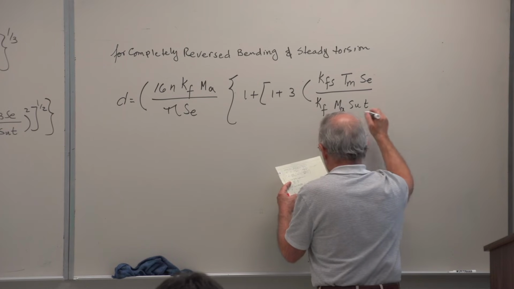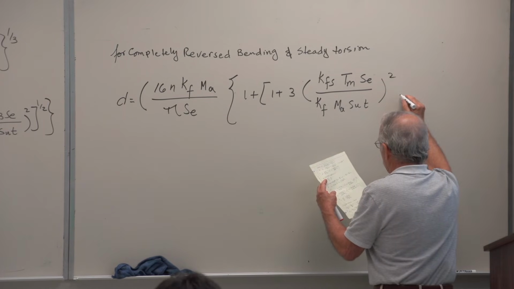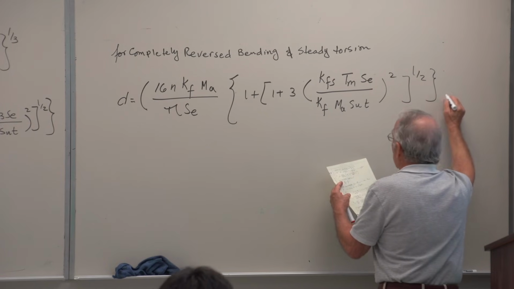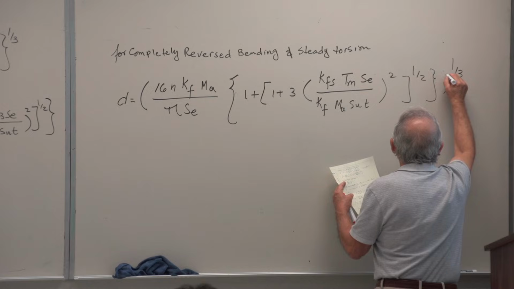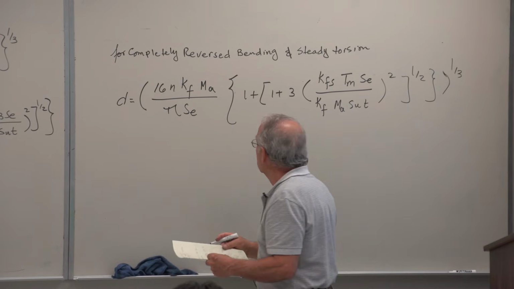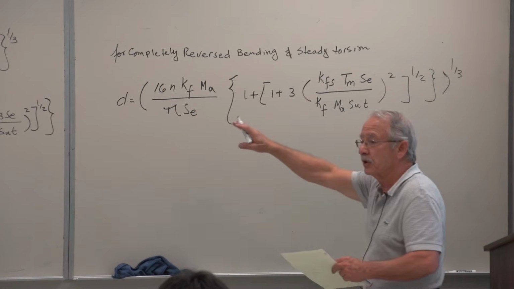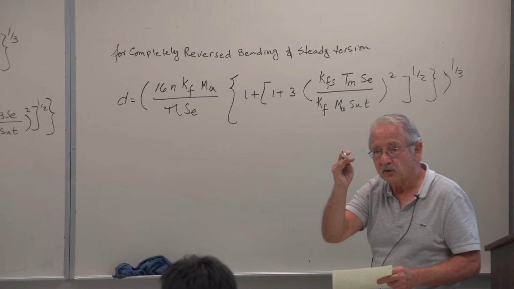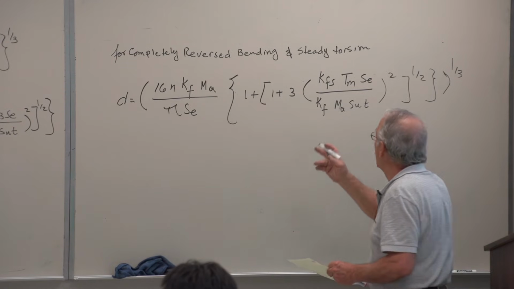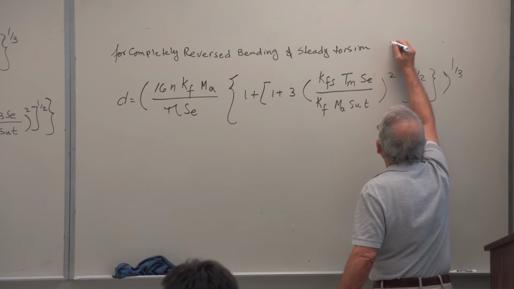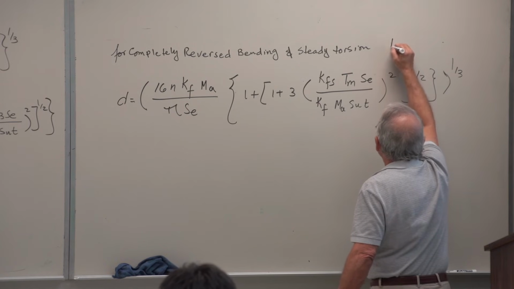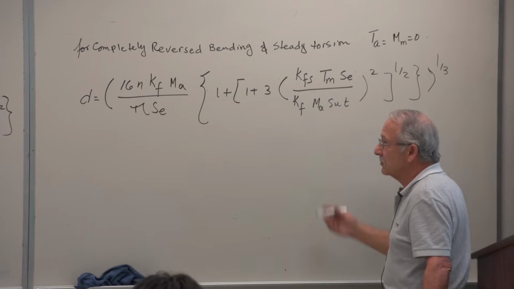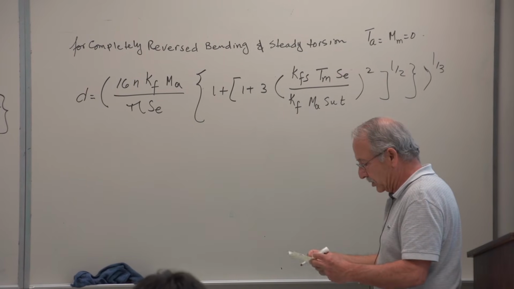This is your A over B, slope of the line, squared to the 1/2 and to the 1/3. Notice that the only thing you need here is alternating moment, mean moment, alternating torque, mean torque. And the alternating torque, TA, and the mean moment are 0. Same equations. This is for DE elliptic.